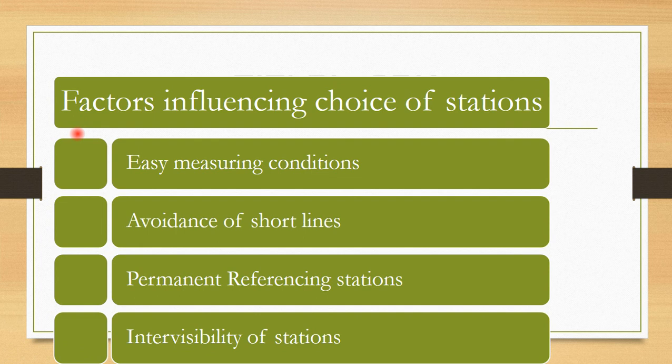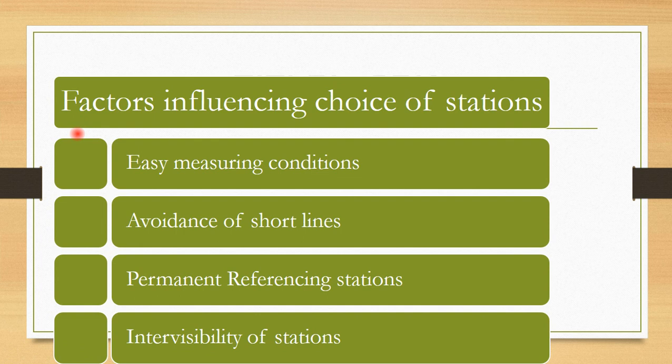You normally do not select a station located on a cliff, or in mud, or in a swamp, unless it is necessary to do so. In most cases, you need to locate your stations where you can easily measure them.